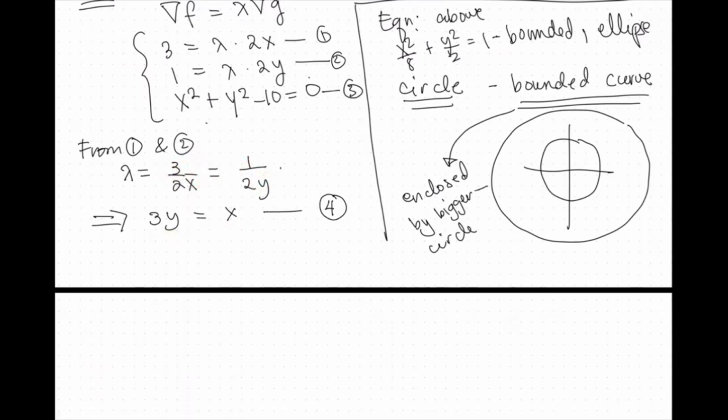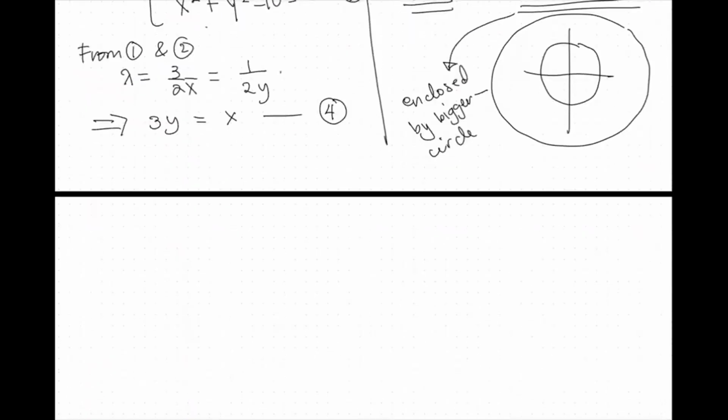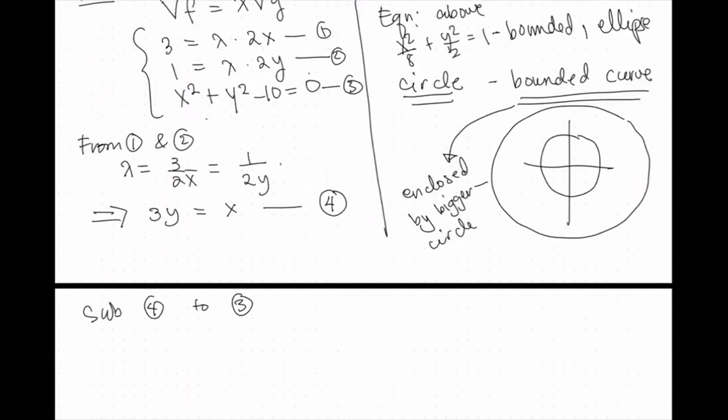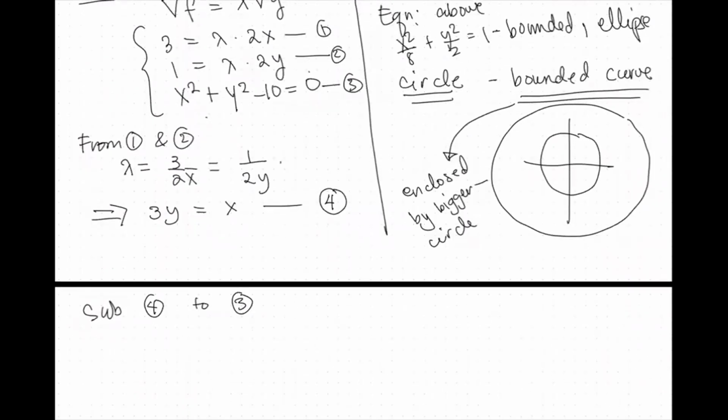Okay, and then if we substitute equation 4 into equation number 3, what do we get? x is 3y, so (3y) squared plus y squared minus 10 is equal to 0.